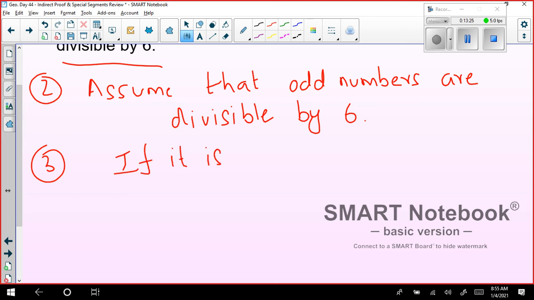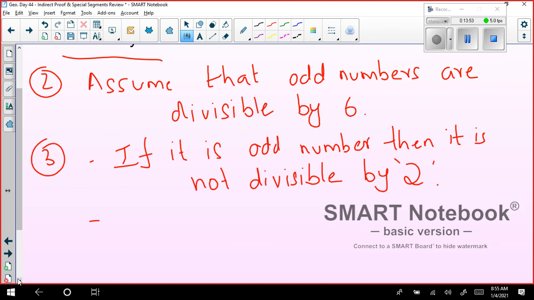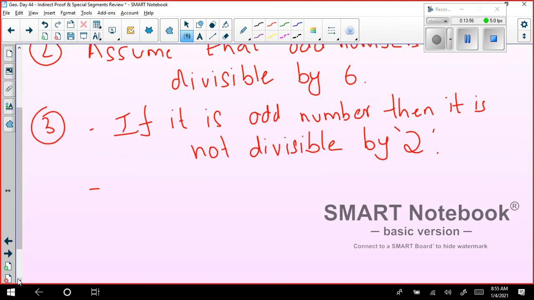If it is an odd number, then it is not divisible by 2. We know that, okay. And we also know that if a number is divisible by 6, then it is divisible by its factors.